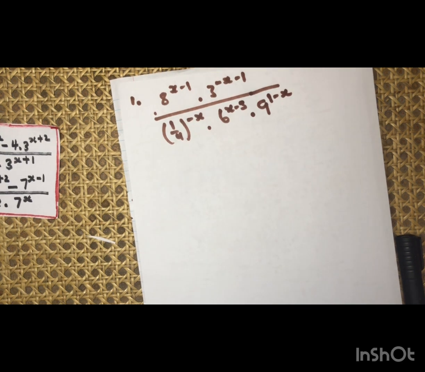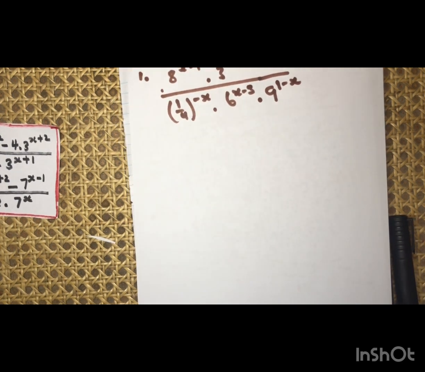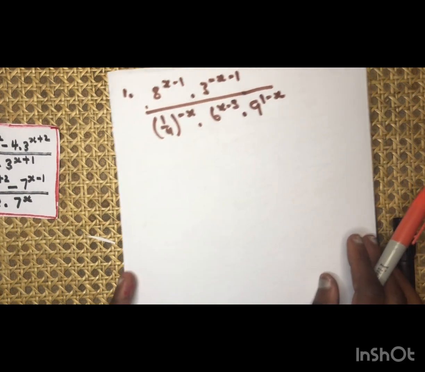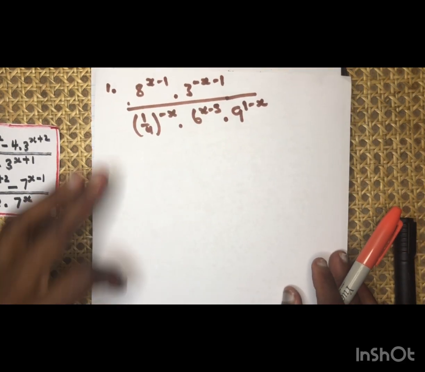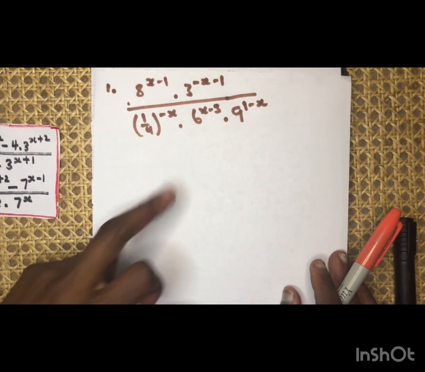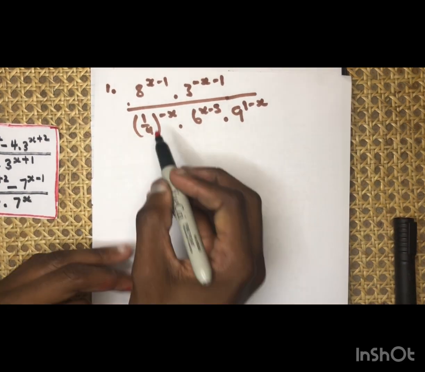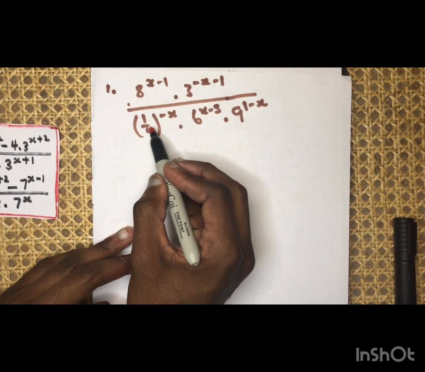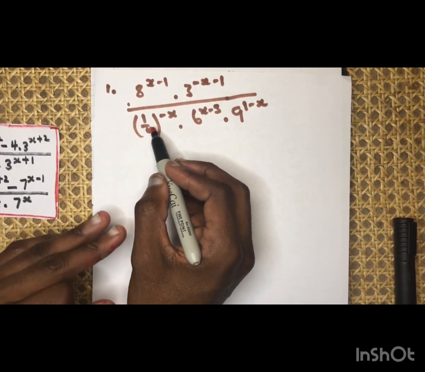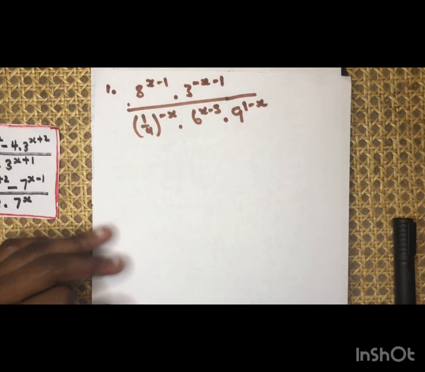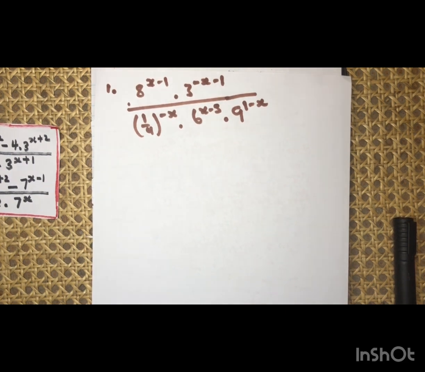Right. So I need the prime factors first, guys, here. So if I need the prime factors here, I need the prime factors of what? Of 8. I need the prime factors of 6 and 9 and the 4. But the first thing that I need to do here, I need to write this one as a what? As a negative exponent in order for me to make the prime bases to be the same. So I'm going to apply the definitions of exponents.